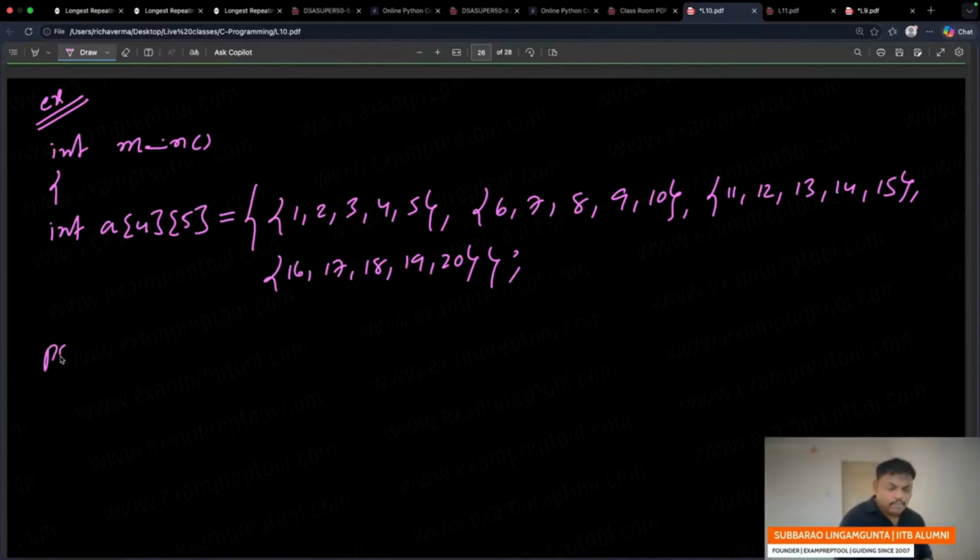Then printf with percentage d. Complete this.